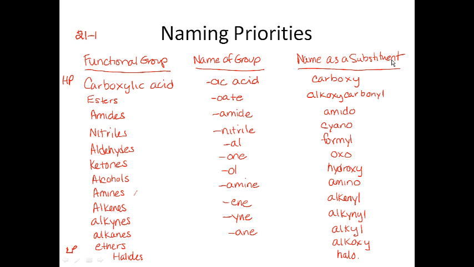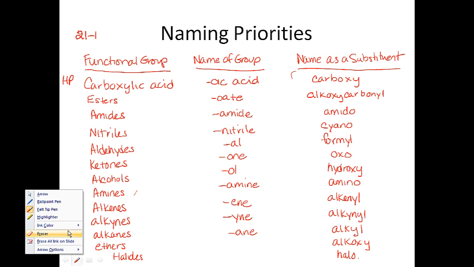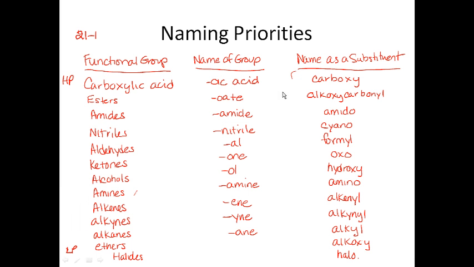Going back to this, remember that for our aldehydes, what were they called? The aldehydes were carbaldehydes. Now actually the name as a substituent is kind of a common name system. Like the hydroxyl group, remember we could call a hydroxyl a hydroxyl.